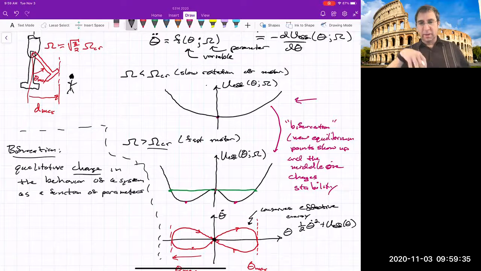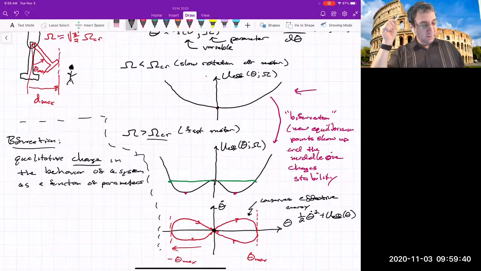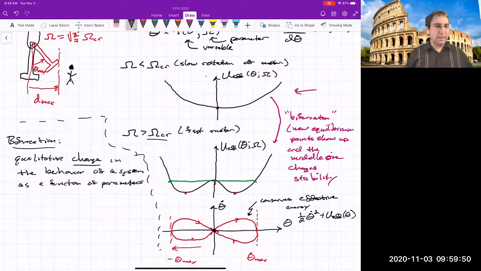And this idea of bifurcation isn't just limited to mechanical problems or mechanical systems. This is seen in all types of things. Sometimes it's related to the terminology in the popular press called tipping points. So if you say, oh, climate change has reached a tipping point, you could understand that in terms of, if you were to mathematically write out what the system is, some qualitative change has occurred.